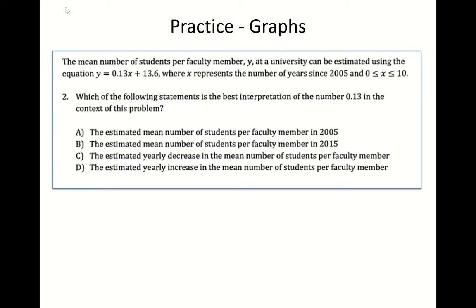The only two that talk about a change of some sort, an increase or a decrease, are answer choices C and D. Now, why D is correct is the fact that it says increase rather than decrease. Now, I know that it may seem like, okay, if you're multiplying by a number that's less than 1, shouldn't it be decreasing?